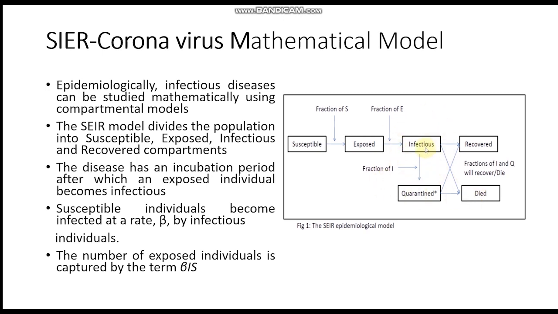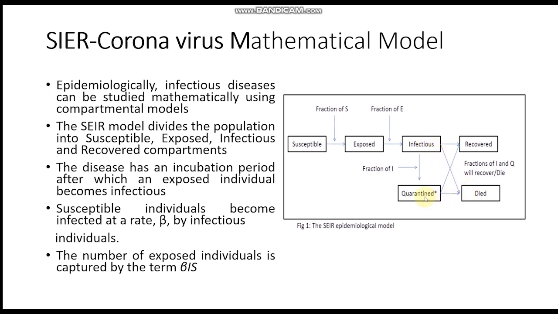For example, if the people are in the infectious compartment, by taking medicines or some other reason, they may recover and be moved to the recovered compartment. Otherwise, the people in the infectious compartment, because they have not taken any medicine or do not have much immunity, may be moved to the died compartment.